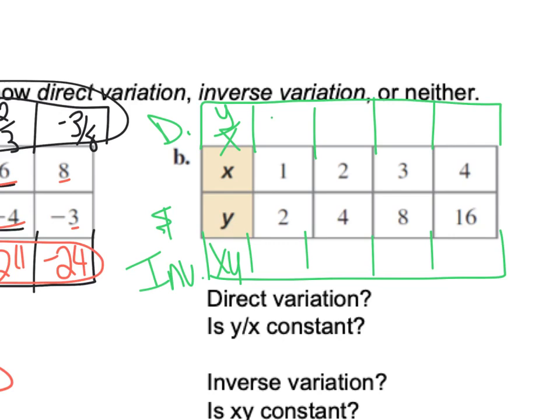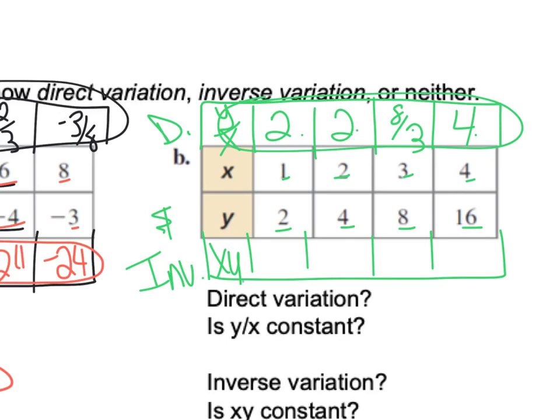Y divided by x: 2 divided by 1 is 2. 4 divided by 2 is 2. 8 divided by 3, it's not 2, that's 8/3. 16 divided by 4 is 4. That is not constant, so it is not direct. In order for it to be direct variation, it would have had to be 2, 2, 2, 2.